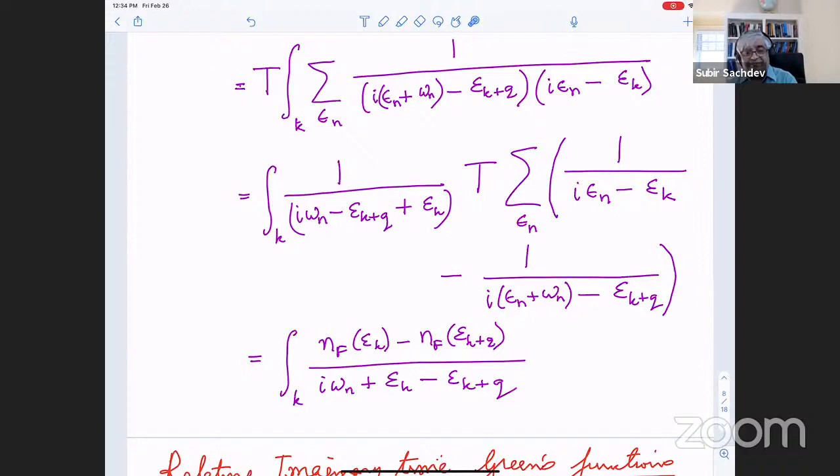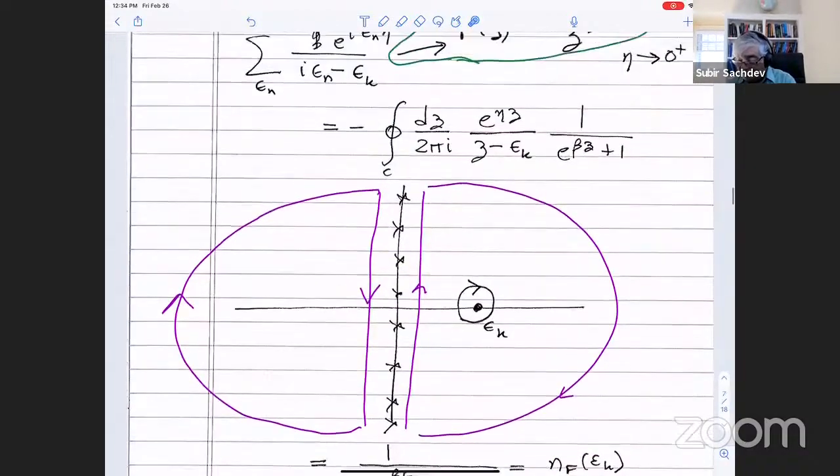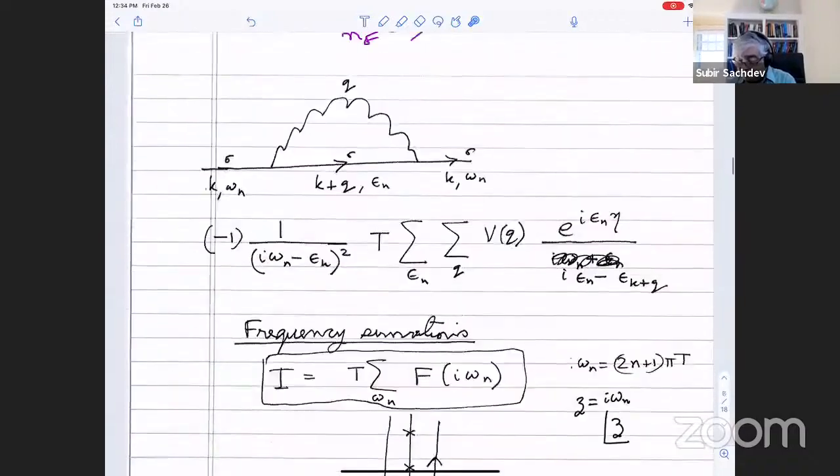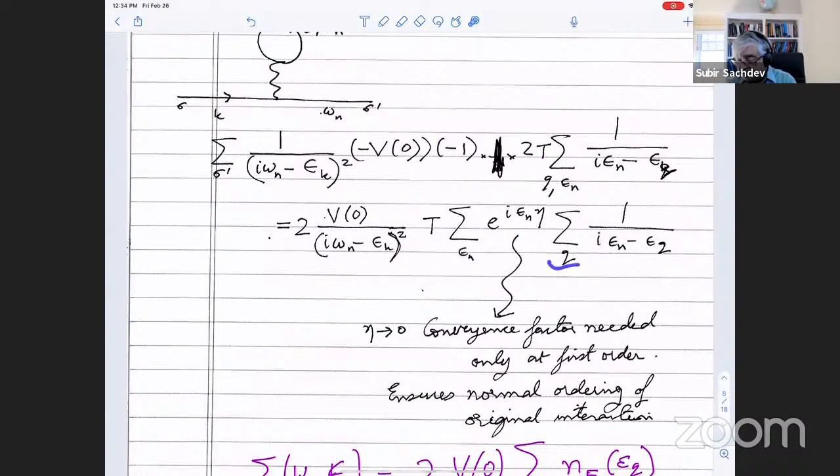Well, in fact, you can put anything you want. The answer is independent. And so it's good to see why the convergence factor doesn't matter here, whereas it mattered over there. Why did we need a convergence factor? If we just go back and look at the original expression, forget the sum over Q. I'm just doing the sum over epsilon. At large epsilon, it goes as 1 over epsilon.